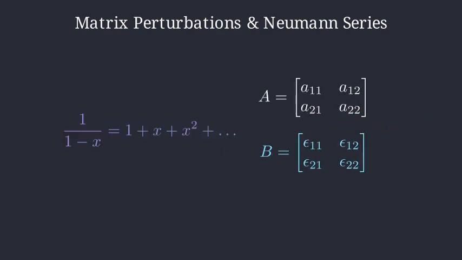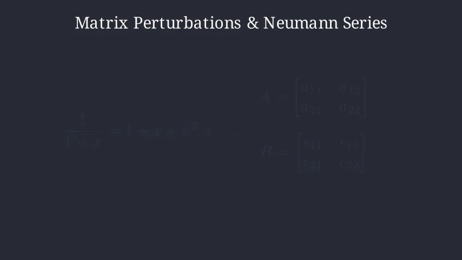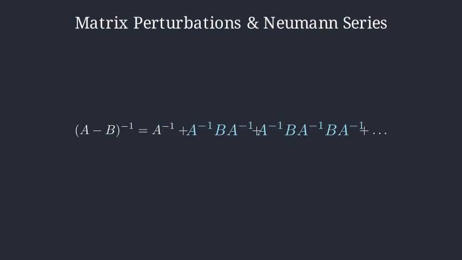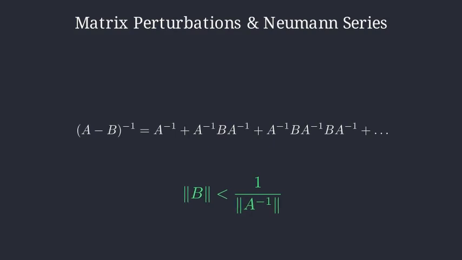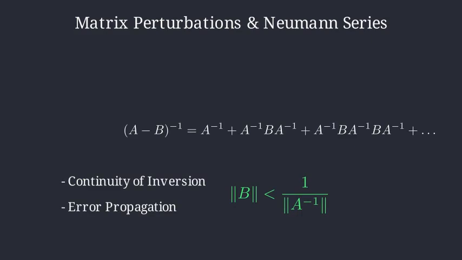It provides a way to express the inverse of a perturbed matrix as an infinite sum, similar to a geometric series for numbers. If we have an invertible matrix A and we subtract a small matrix B, the inverse of A minus B can be expanded into a series of terms involving powers of B and the inverse of A. This expansion is guaranteed to converge as long as the norm of B is sufficiently small compared to the inverse of A. This result is fundamental for proving the continuity of the matrix inverse and for analyzing how errors propagate in iterative numerical methods.